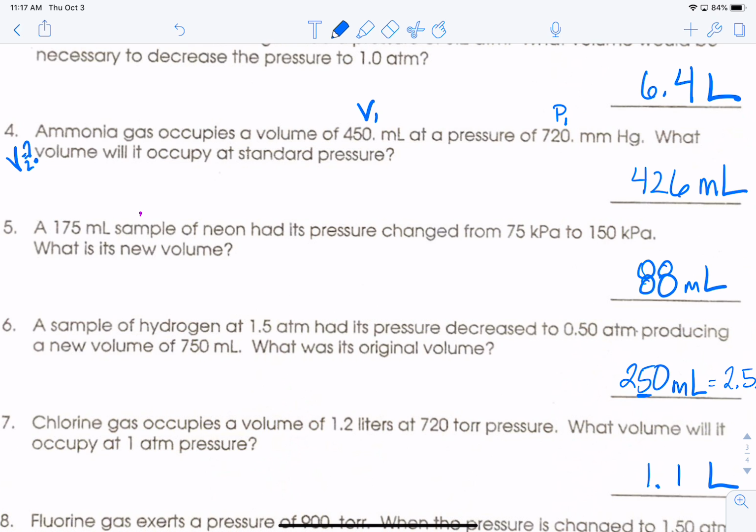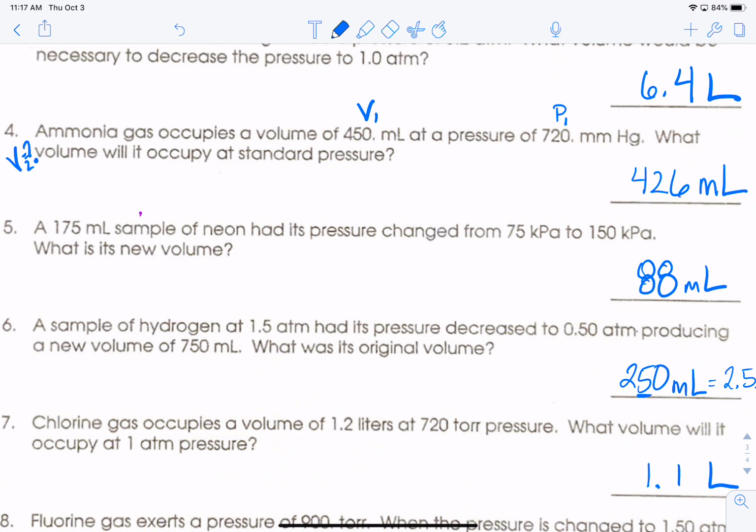Standard pressure is assigned to gases because scientists are like, let's look at the behavior of gases, but let's make sure that we decide a certain temperature and a certain pressure. So standard temperature happens to be 0 degrees Celsius, right? Freezing point of water. And standard pressure is 1 atm, 760 millimeters mercury, 760 torr.